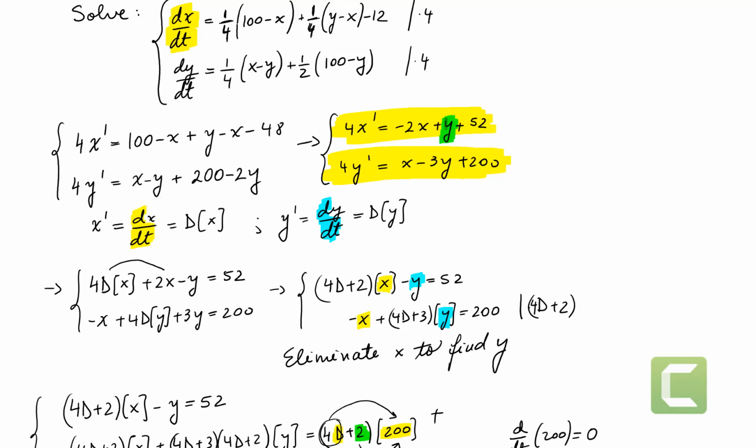But if we replace y, we'll end up with x prime and x as our unknowns. While if we take a look at the second equation, we know y, we can differentiate y to have this part here, so we can find x right away from this equation. So our second equation is the one that is going to be helpful to find x.